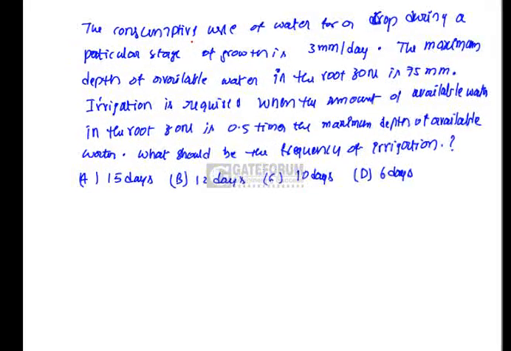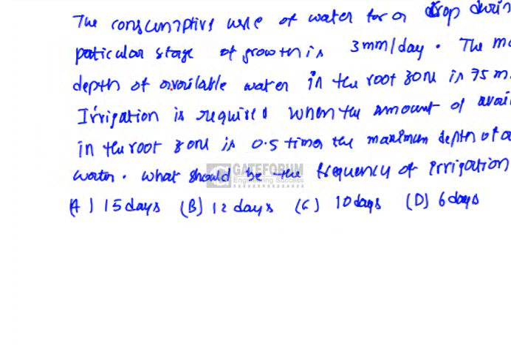A consumptive use of water for a crop during a particular stage of growth is 3 millimeters per day. The maximum depth of available water in the root zone, D max, is given as 75 mm. Irrigation is required when the amount of available water in the root zone is 0.5 times the maximum depth of available water.